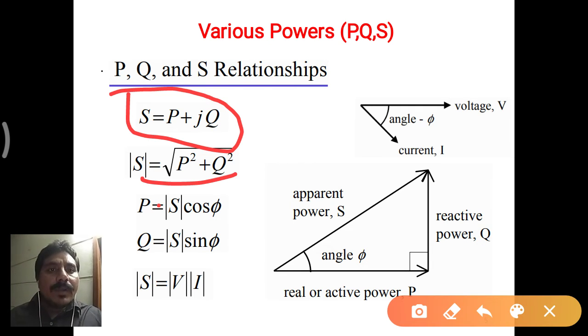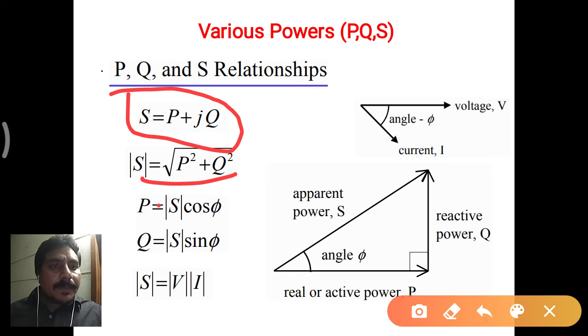And P is equal to the magnitude of S into cos theta, where the magnitude of S is voltage into current. So P is equal to voltage into current into cos theta, and Q is equal to voltage into current into sin theta.